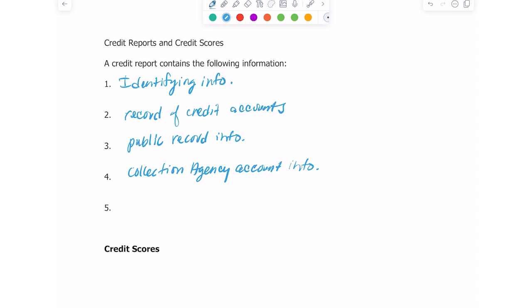They're going to make inquiries on your credit report. They want to look to see if you're credit worthy, if you're willing to pay back the loan. Otherwise, they don't want to lend you the money. So certain inquiries they could make, companies that have been asked for your credit info because you applied for credit, things like that.